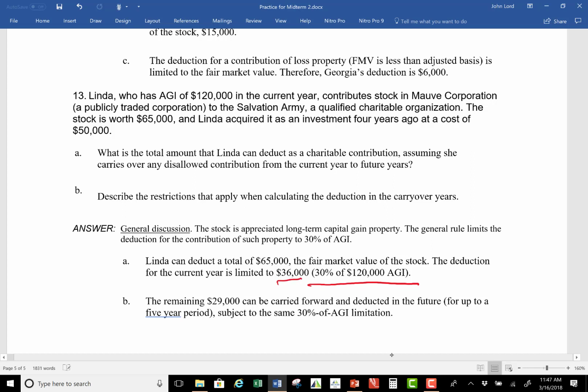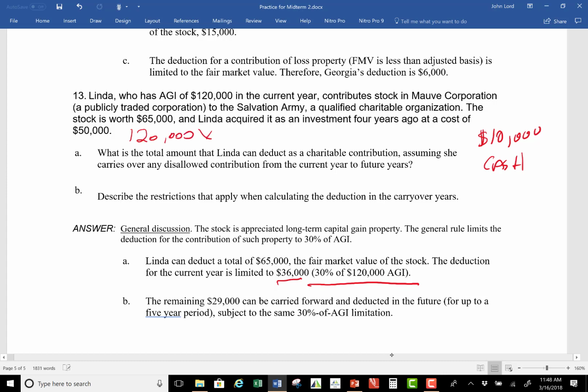Now let me change the fact pattern a little bit. Let's say she also gave $10,000 cash. So she gave this stock with a fair value of 65, but she also gave cash. Now what would be the answer? Well, she has AGI of 120,000, right?